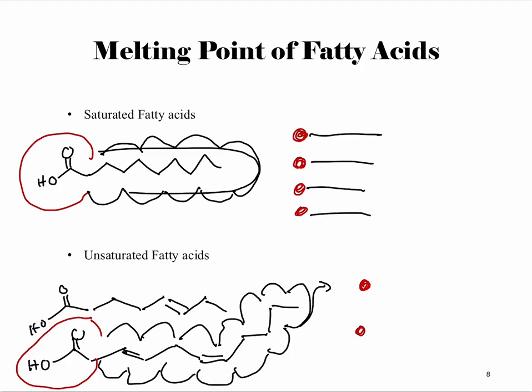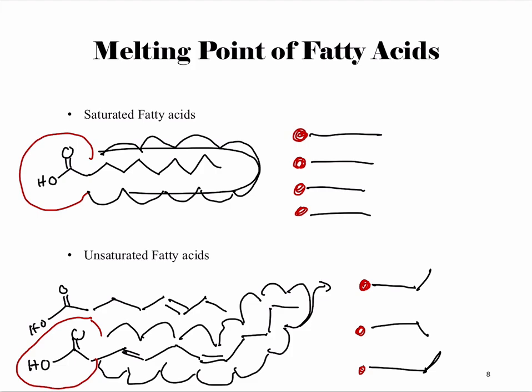If these were to try and orient themselves, they would have maybe a bend going in one direction, a bend going in another direction. This unsaturation has introduced a bend or a kink in the fatty acid's nonpolar tail. Does that make it harder or easier to pack close to each other? It'll make it harder.